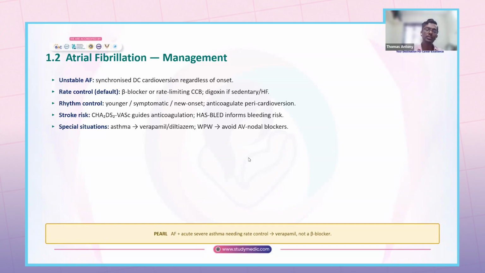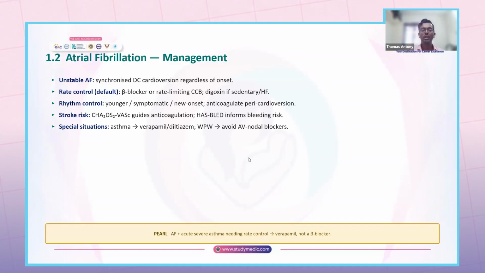In case of rate control, we have beta blockers or rate limiting CCBs. Rhythm control we consider in patients who are younger, symptomatic, or new onset, and anticoagulate peri-cardioversion in such cases. We will be discussing it further.